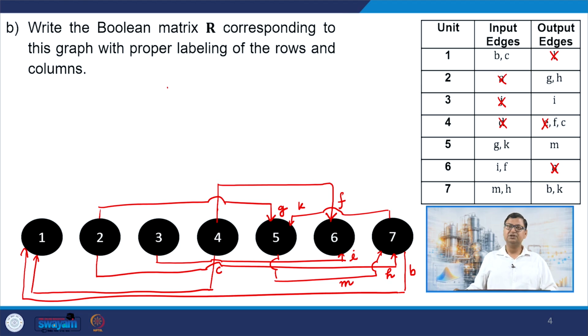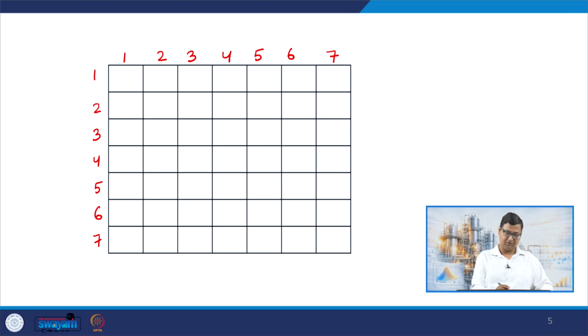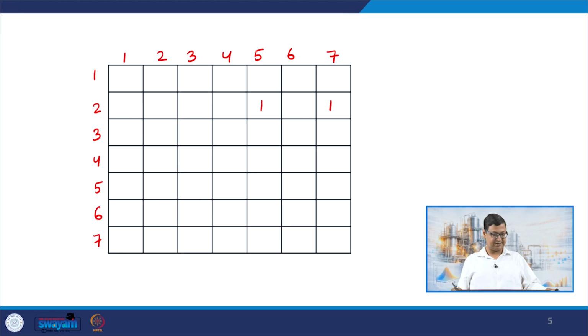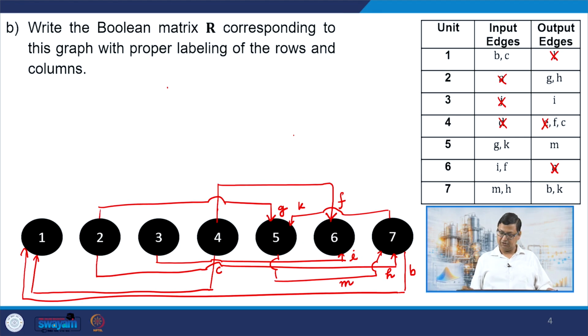From 2 there are outputs G and H going to 5 and 7 respectively. So, from 2 I am going to 5 and 7. From 3 there is no input, but I am going to 6. From 4 I am having outputs F and C, which is going to 6 and 1.